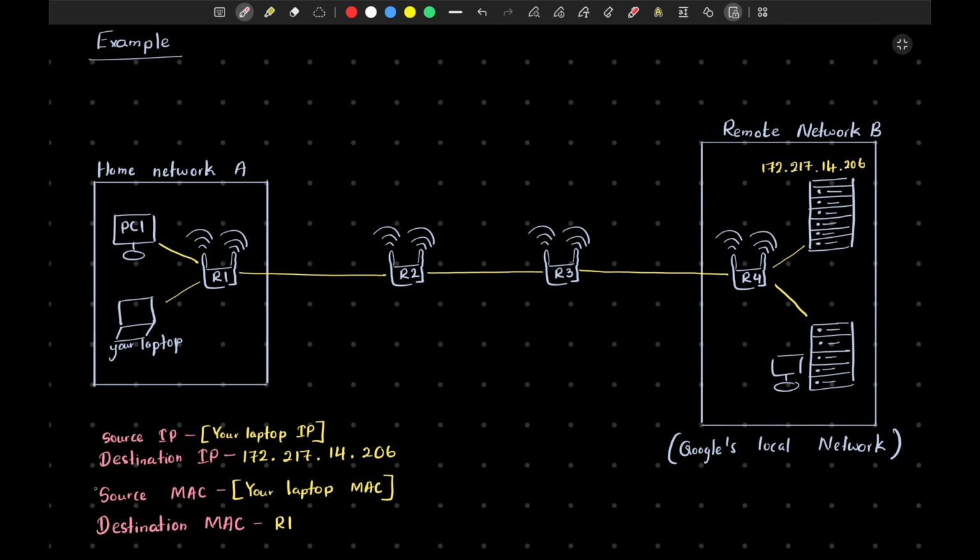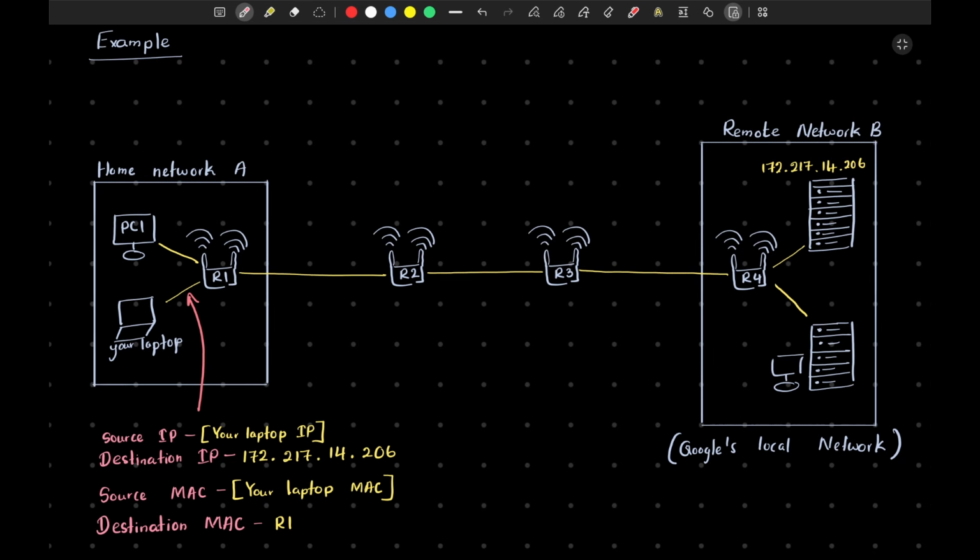Then we use MAC address, source MAC address. For this transaction we use source MAC address, which is our laptop MAC, and then we use the destination MAC as router 1, because we are sending this data from here to here first.